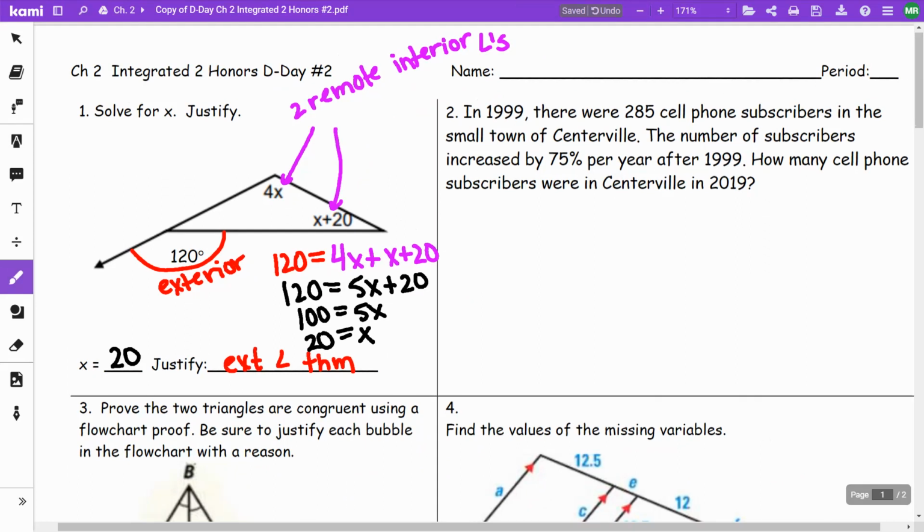On number 2, in 1999, there were 285 cell phones in the small town of Centerville, and the number of subscribers increased by 75% per year after 1999. How many cell phone subscribers were there in 2019?